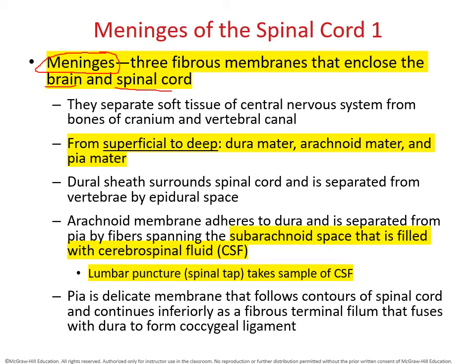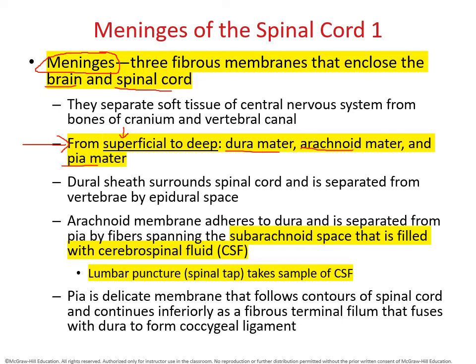And the three that humans have are going to be the dura mater, the arachnoid matter, and the pia matter. Now, these are listed from what we call superficial to deep. Superficial means that's the top layer, and deep is going to be the deepest layer. This is the layer that directly communicates with the nervous tissue, whether it's in the brain or the spinal cord.